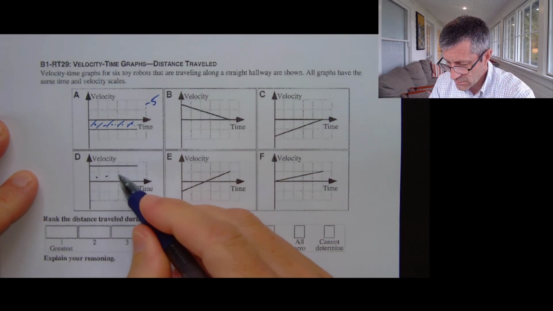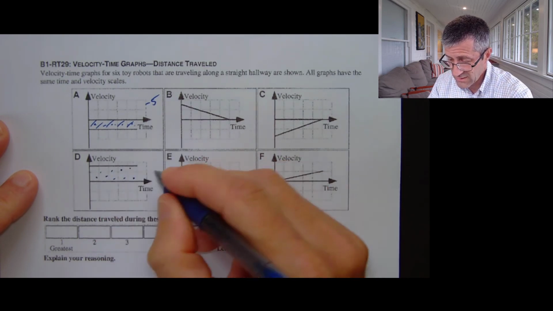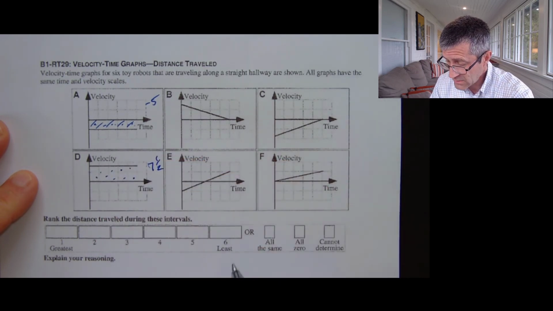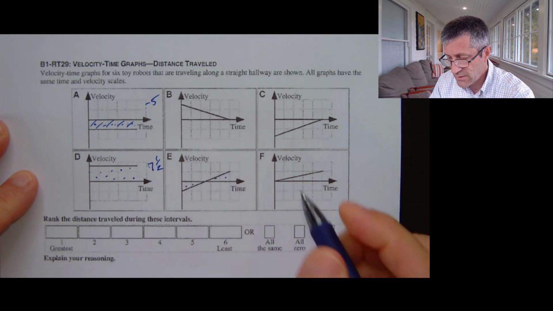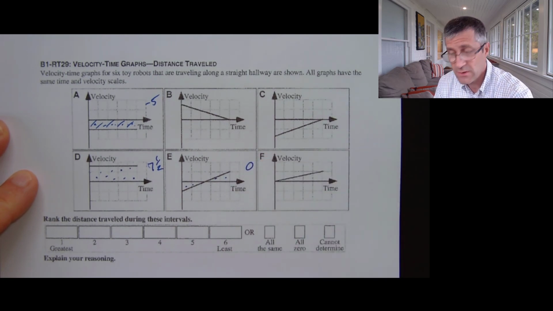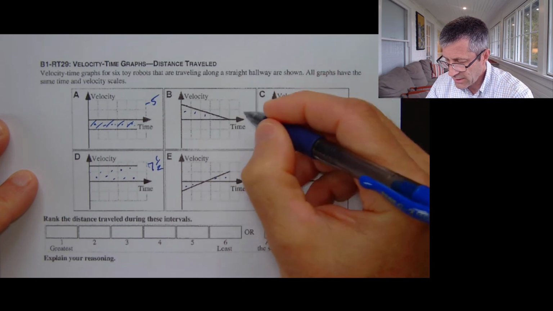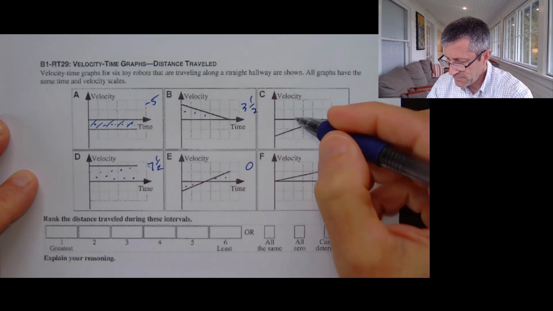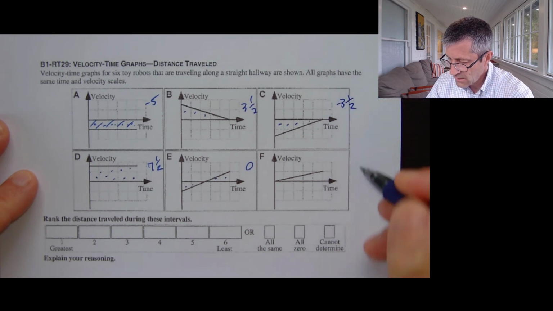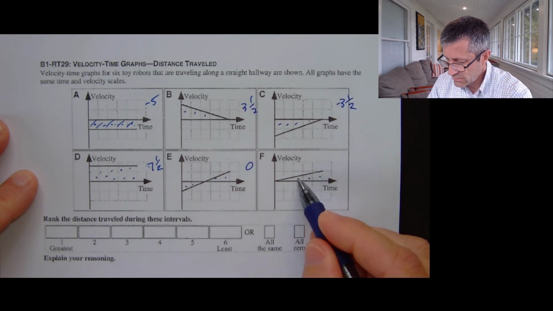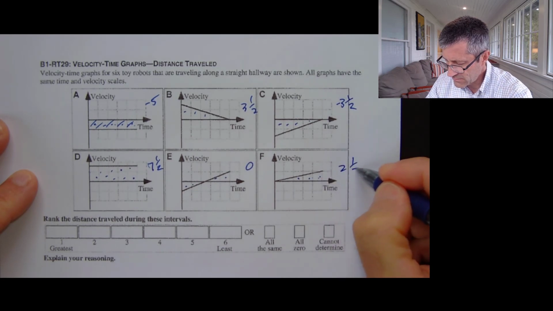Here I'm going to have 1, 2, 3, 4, 5 plus another 2, and maybe 7.5 boxes altogether. Here I'm going to have this positive and the same amount negative, so that's going to add up to 0. Here I'm going to have 1, 2, call this 3, I don't know, and a half, and 1, 2, 3, and a half, but negative. And here I'm going to have 1, 2, 3 and 1, 2 and a half, we'll call it.